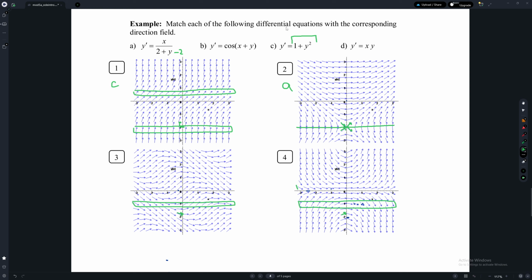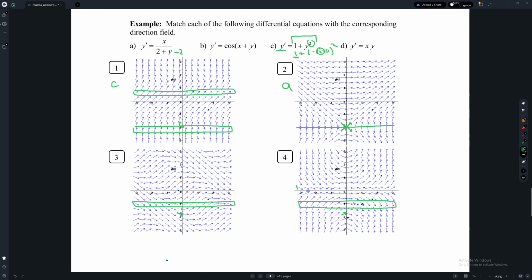Another way to check is you can see this is 1 plus y squared. A squared y means no matter what y is, so y can be negative 100, because we have a square, this will always be positive. And then we're also adding it to 1. So this tells you two things. Your slope, so y prime is the slope, can never be 0 because of the plus 1.